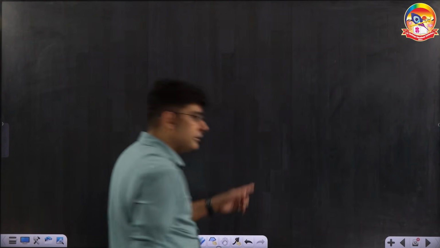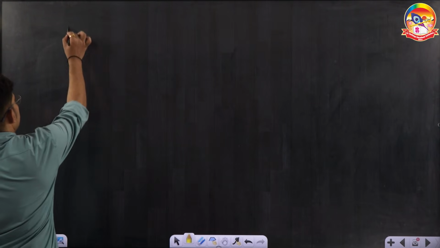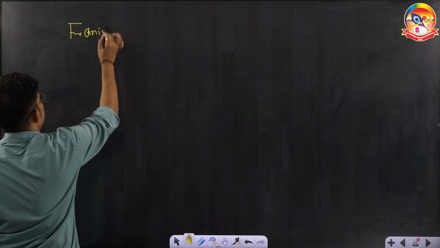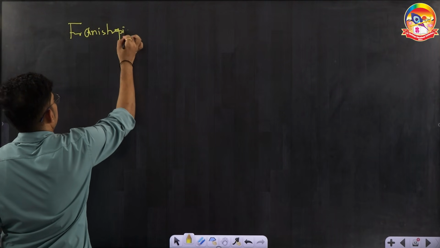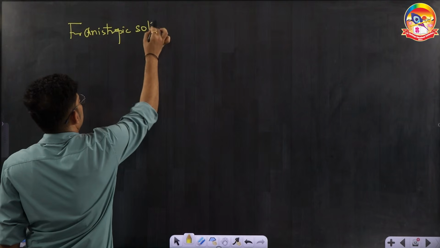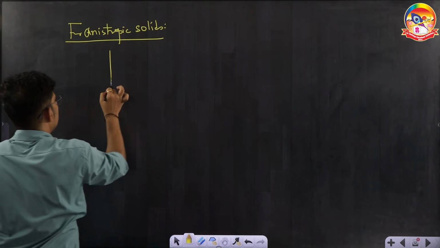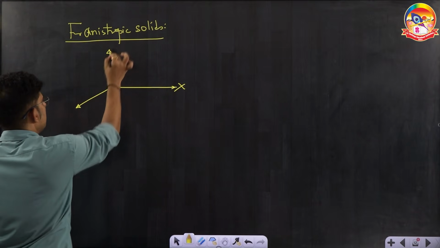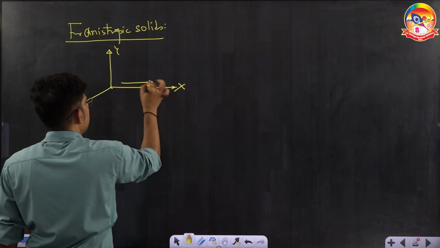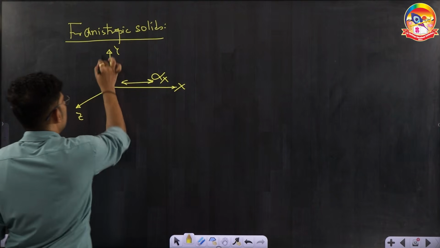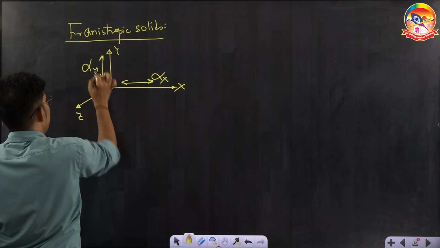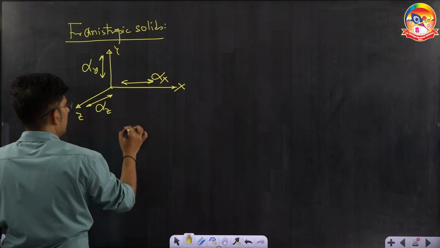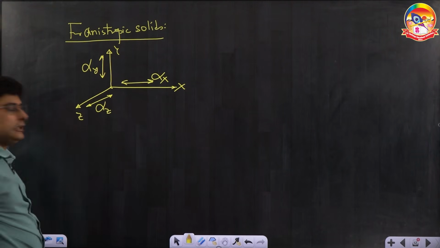Now if it is not an isotropic solid, if it is an anisotropic solid, then if you take different directions in space, we have three possible directions x, y and z. For the expansions taking place along the x axis, y axis and z axis, these three are unequal.